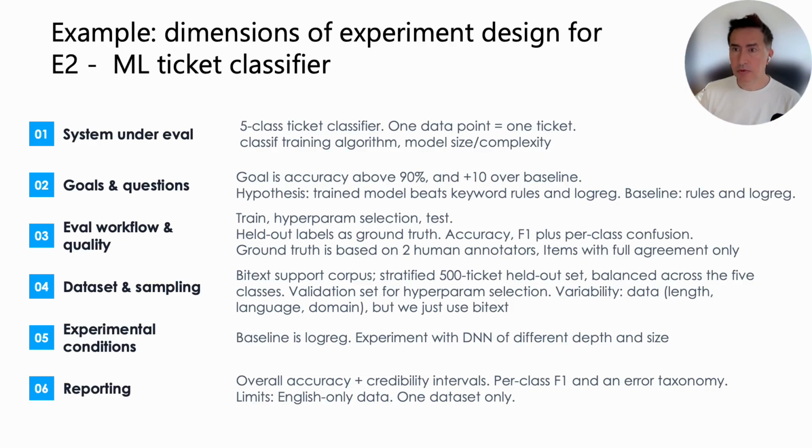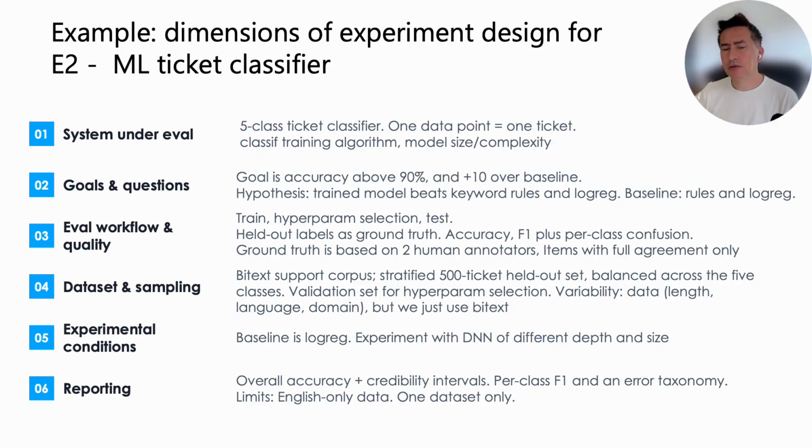We need the ground truth. In this case, we can either take the ground truth that is present in the dataset, or we can take, for example, human labelers and ask them to label the tickets, or we use AI to do that. But clearly, if we use AI, then this can be circular.